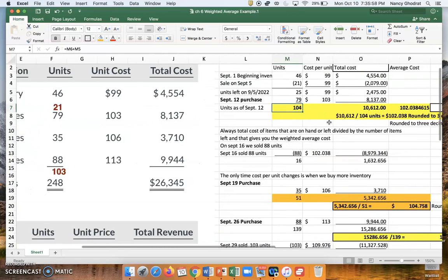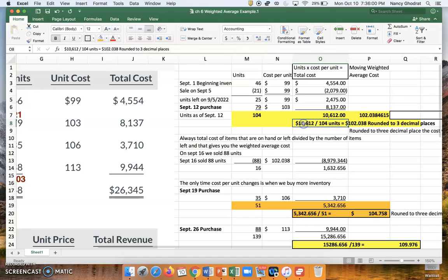Now, if we take the total cost as of September 12th divided by the number of units, we arrive at the new weighted average cost, 102.03, and it goes a couple of decimals.